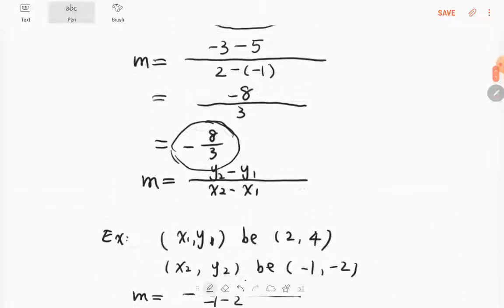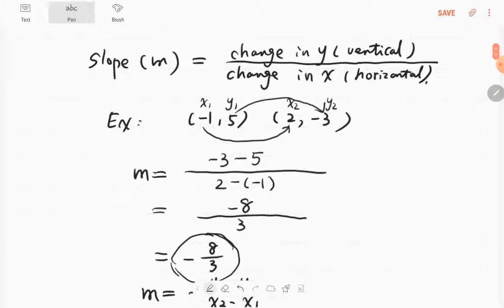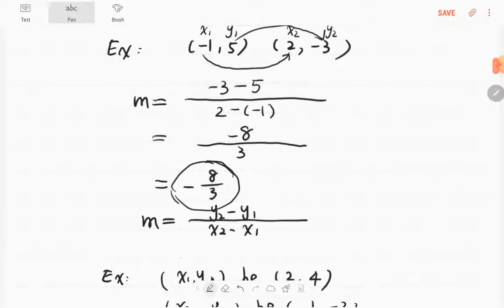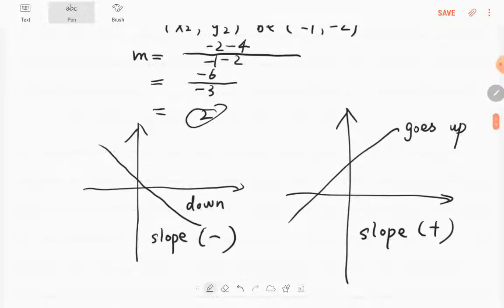So for our first example, we get a negative slope, so it must go down. And for the second example, we get a positive slope, so the line must go up.